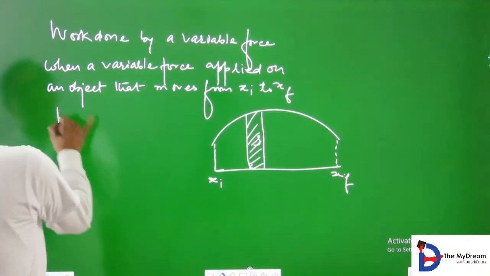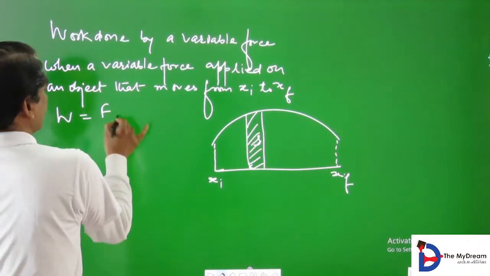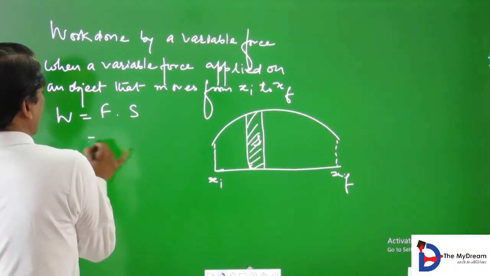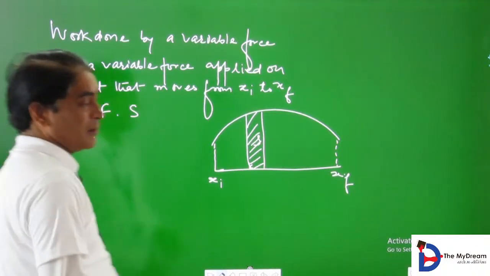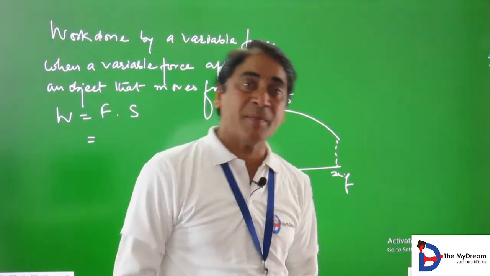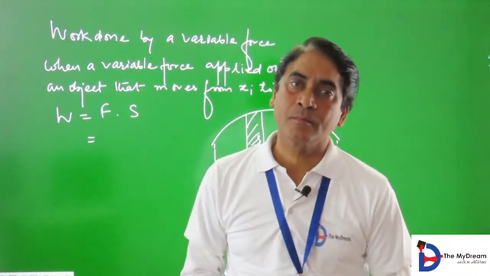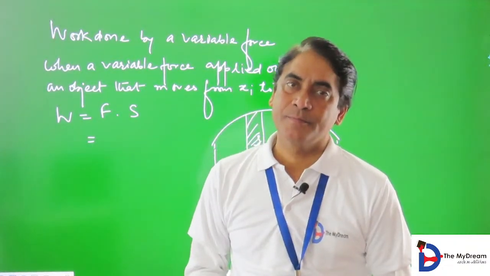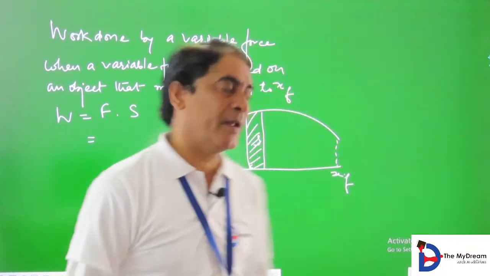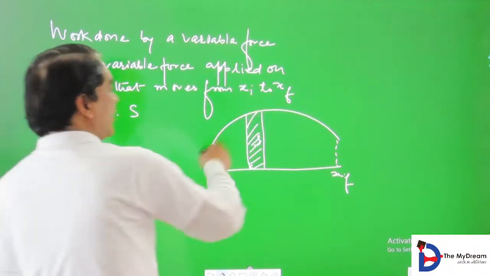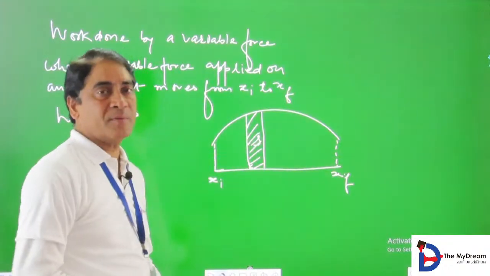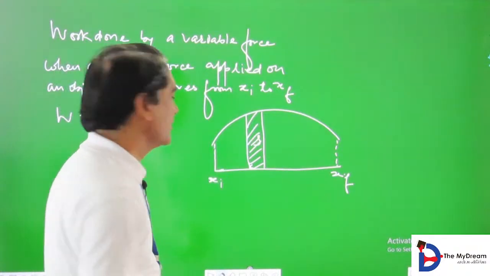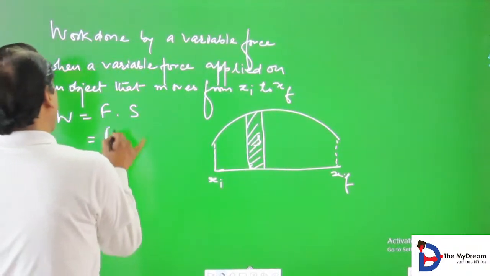So work done by this is given by, here the displacement is divided into a small number of small displacements. So you can write F dot s.